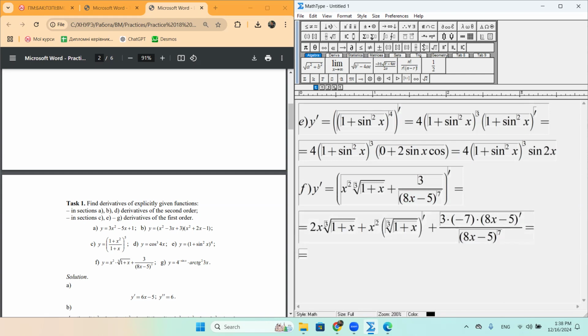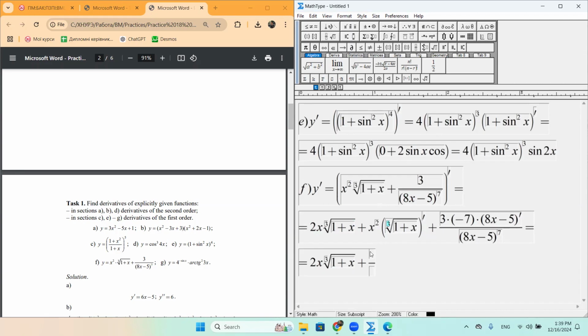And let's continue calculation. So 2x here remaining without changes, and multiplying by this expression. So this is the power of 1/3.